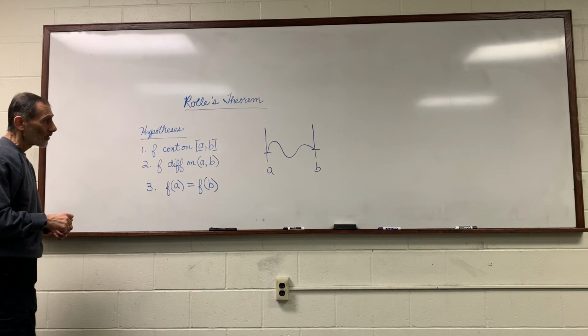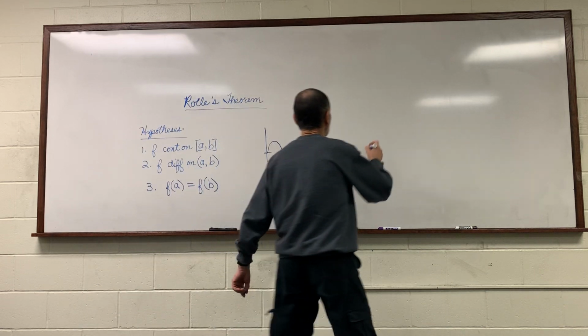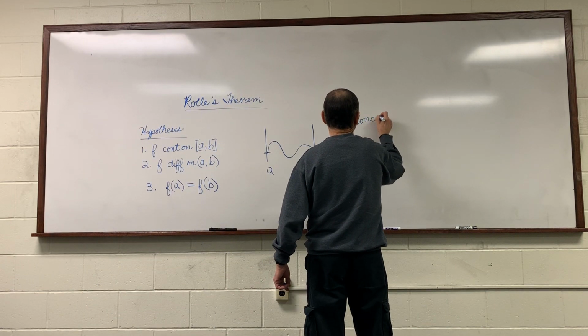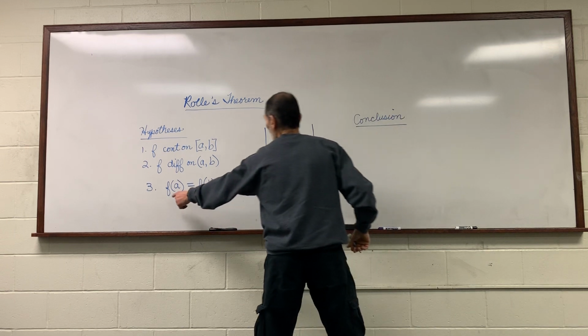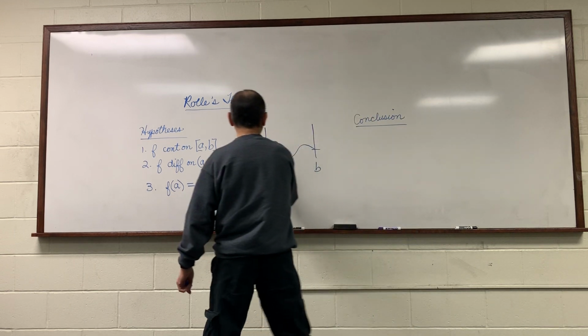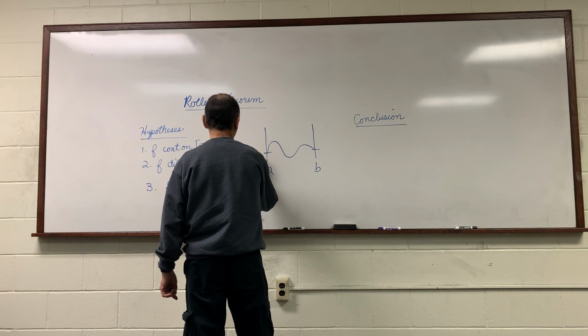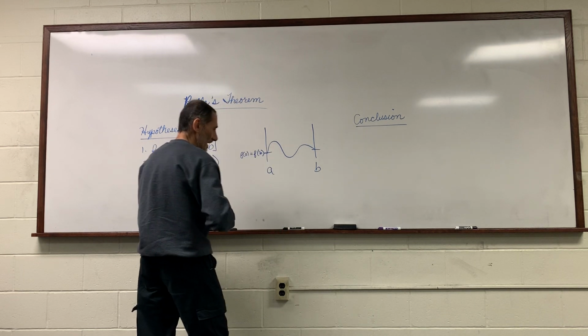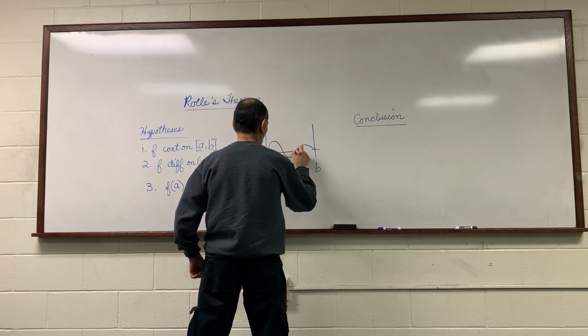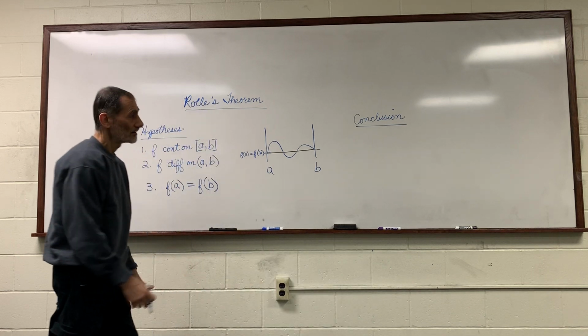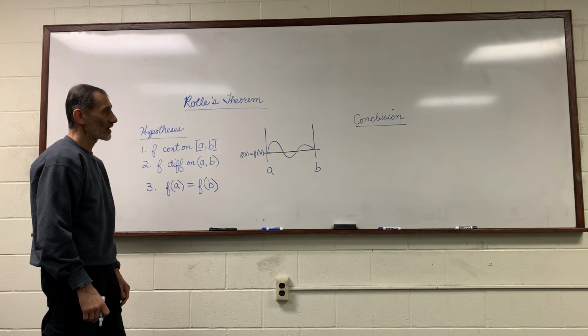Okay, well, the conclusion then is this. As you might expect, clearly, if f of a equals f of b, the slope of the secant line connecting the endpoints is 0. It's a horizontal line.